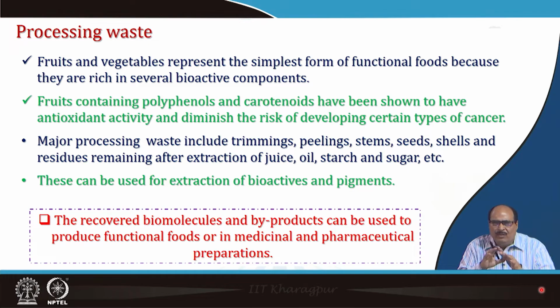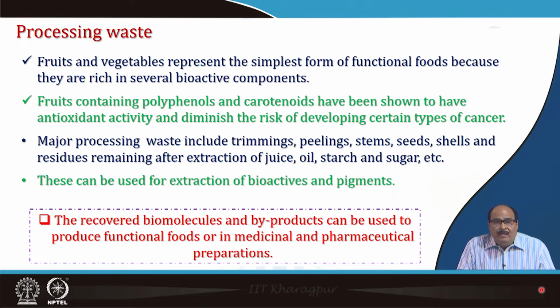So, a huge amount of waste and byproducts is generated, particularly by the fruit and vegetable processing industry. These wastes can be used for extraction of bioactive components, pigments, etc., because they contain huge amounts of these valuable materials.